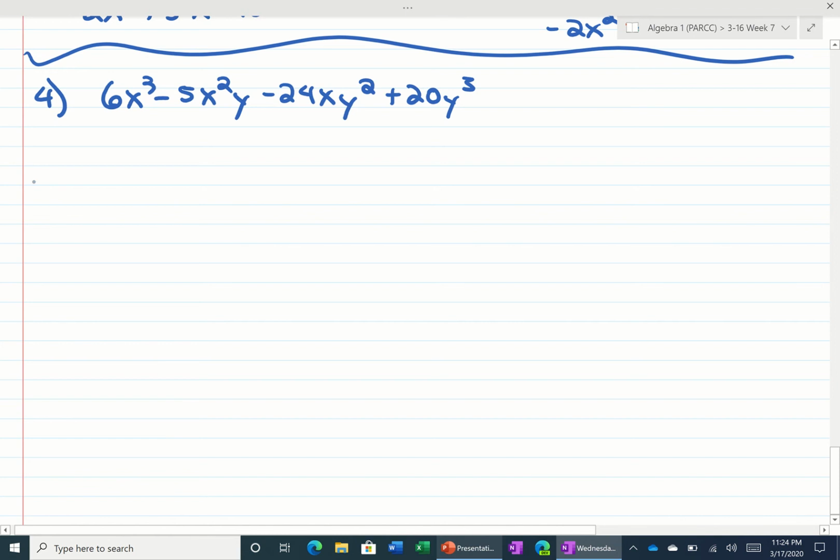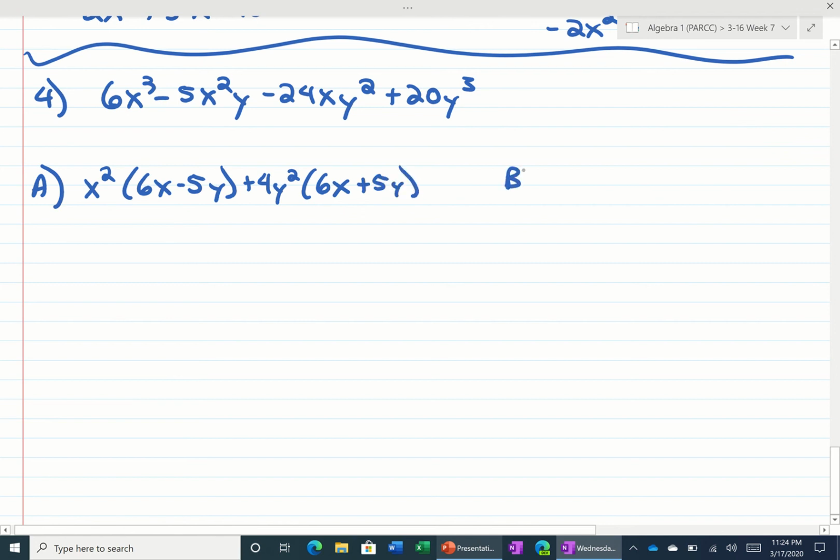Well, we have 4 options. Option A is x squared times 6x minus 5y plus 4y squared times 6x plus 5y.